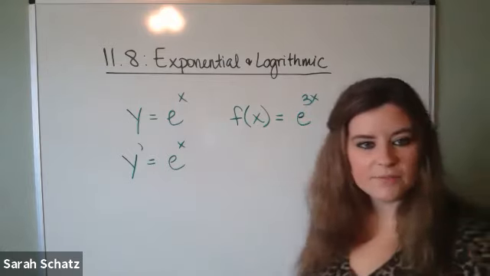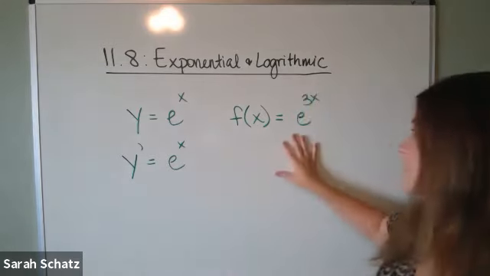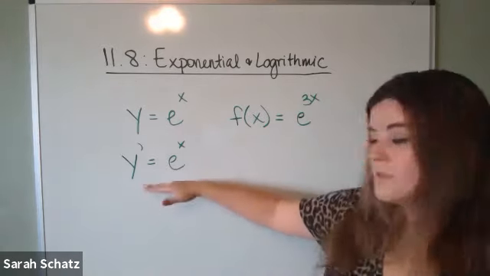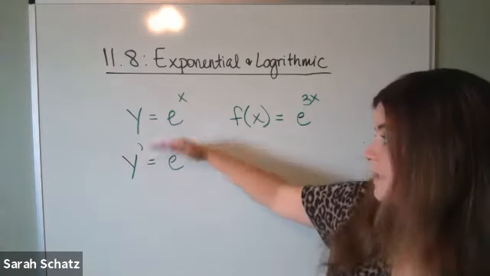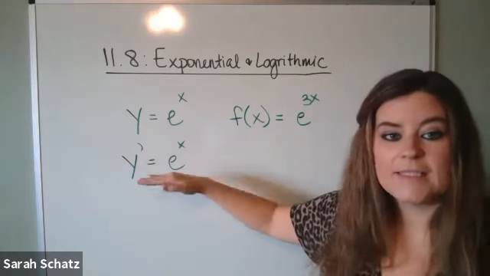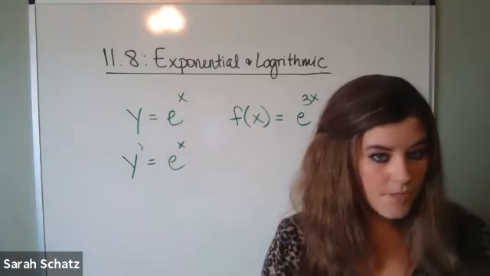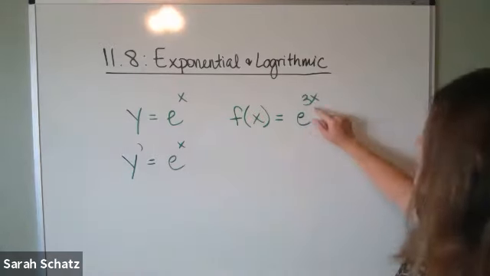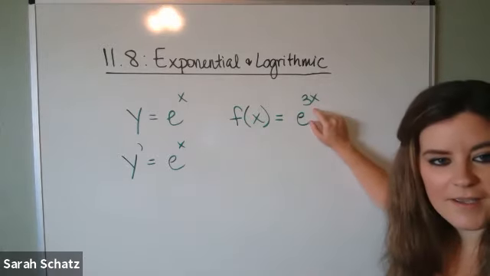That's a little different, right? The same rule, if you have e to the anything, this derivative rule applies. It's going to come down exactly as is. But what's that rule that we use when we say, ooh, but it's not just an x?